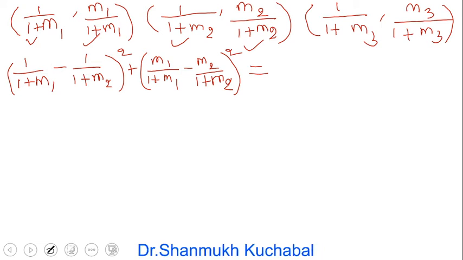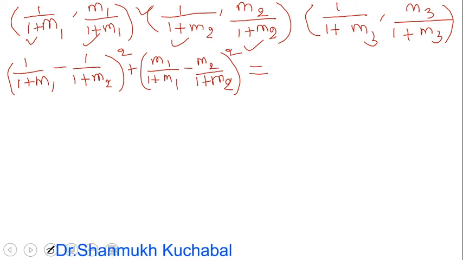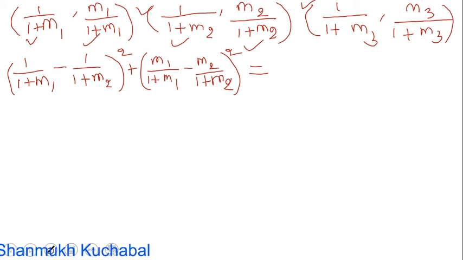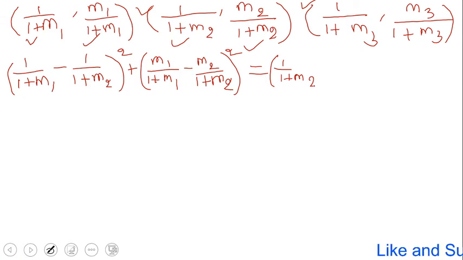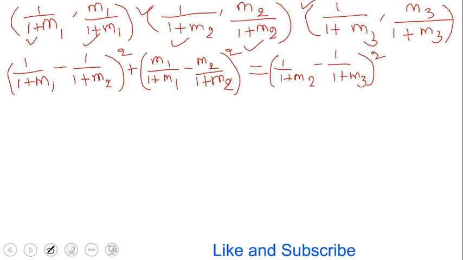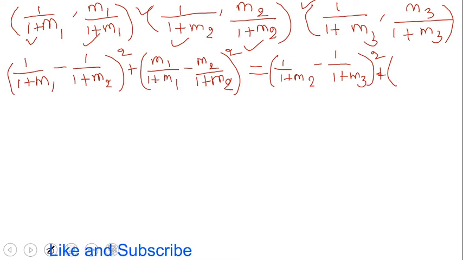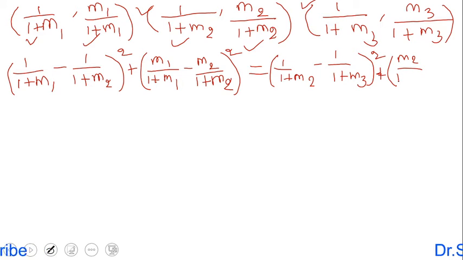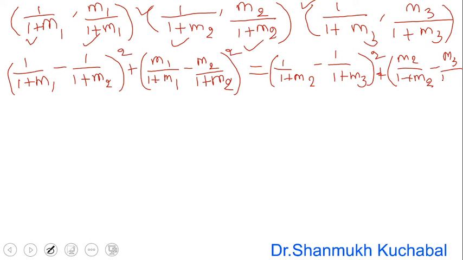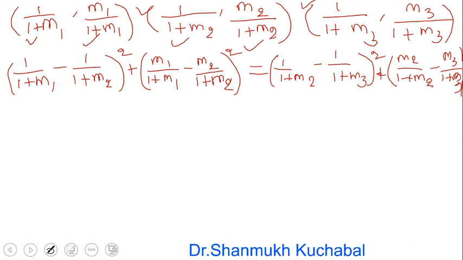Now we'll find the distance between the second and third point. We'll calculate the second and third point now. So this is 1 divided by 1 plus m2 minus 1 divided by 1 plus m3, whole square, plus the second point here, m2 divided by 1 plus m2 minus m3 divided by 1 plus m3, whole square.